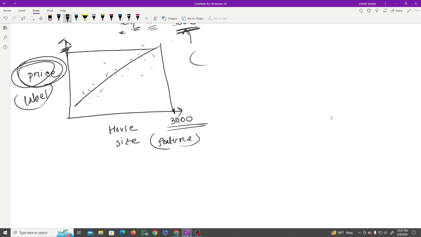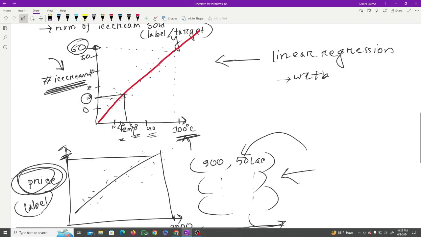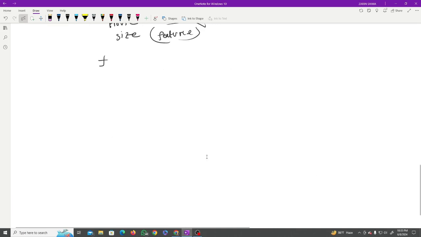Okay, so I just told you that there can be multiple features. In this case, we have seen examples where we have only one feature. Temperature was one feature. We have house size, that is only one feature. You can also have multiple features. Suppose in the same example, your feature X1 is house size.